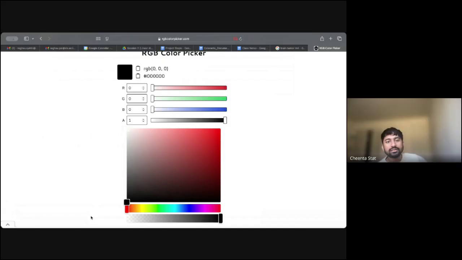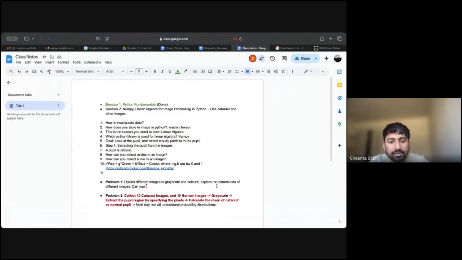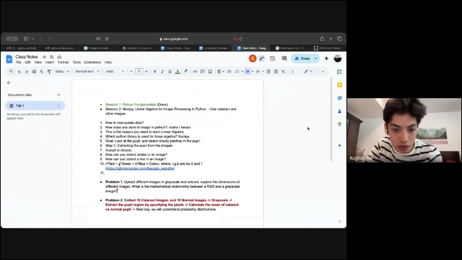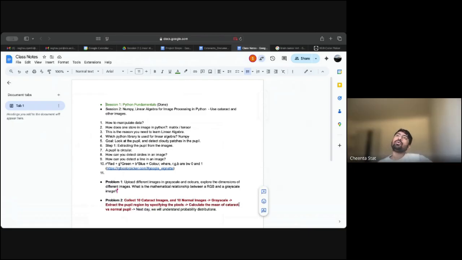What I want you to understand is the mathematical relationship between a grayscale image and an RGB image. So what is the mathematical relationship? Like how we can convert an RGB into a grayscale image.